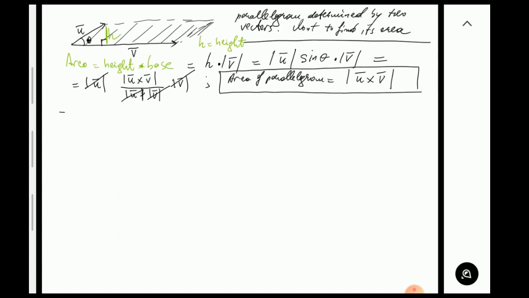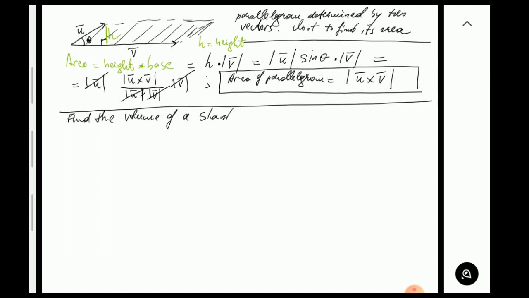So this next topic is kind of analogous to this one, and the goal here is to find the volume of a slanted box. Just to give it an intuitive meaning, the correct name for it is parallelepiped.